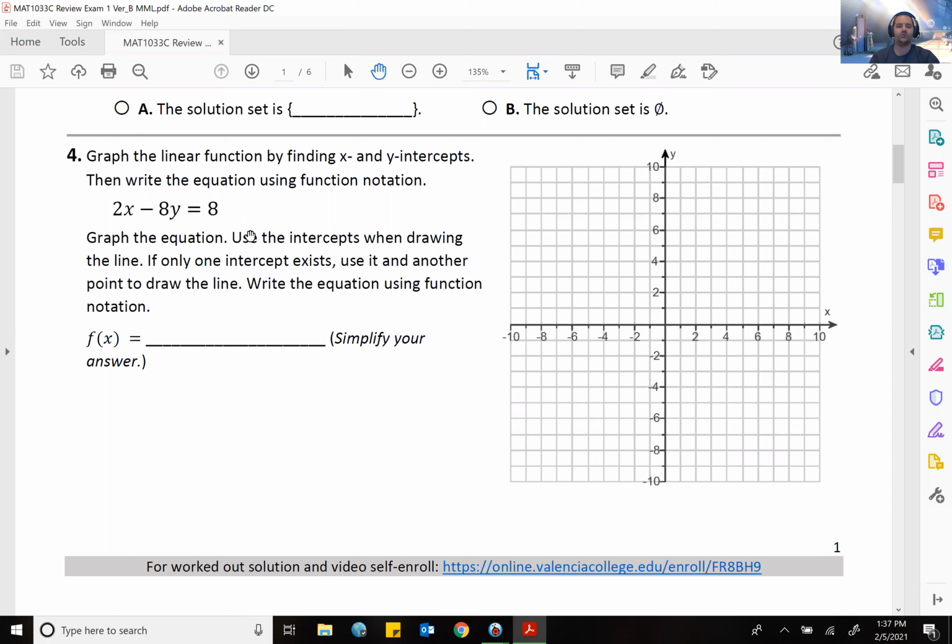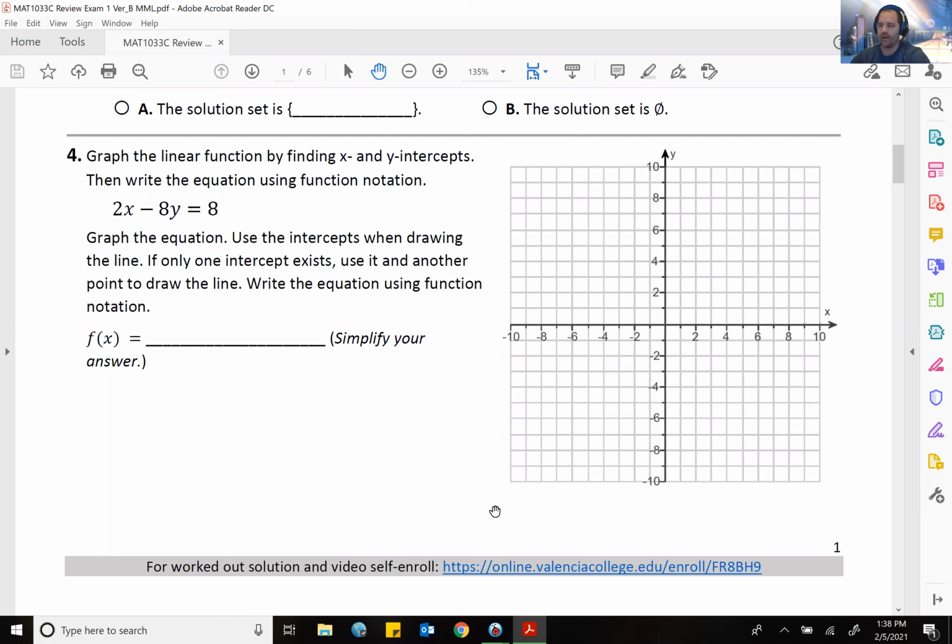And they want you to graph the intercepts. All right. So make sure that you do that. So when you get your graph, when you're ready to graph, remember that in MyMathLab, once you click on the graph, our little toolbar will show up down below.